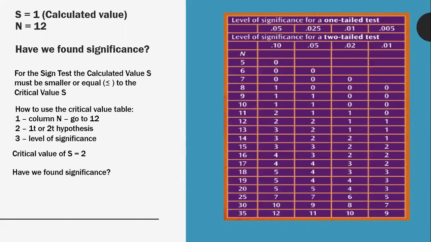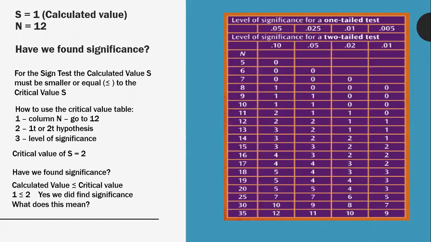Now that we've got that, and remember we're trying to find significance, so the calculated value must be smaller than or equal to the critical value. So let's put it into terms. 1 is smaller than or equal to 2. Is that true? Yes, it is. If we had 3 smaller than or equal to 2, then no, we haven't found significance because the calculated value is bigger and it's not equal to.